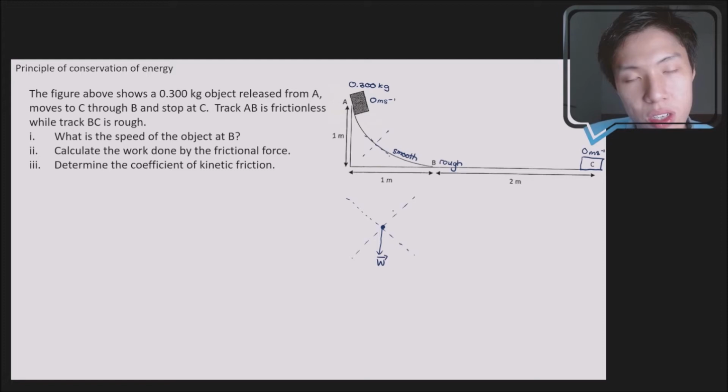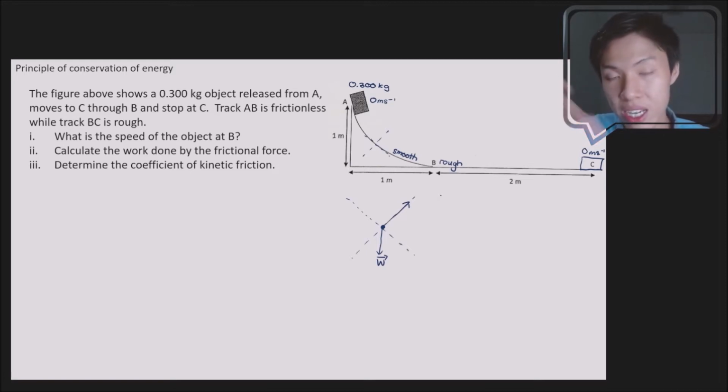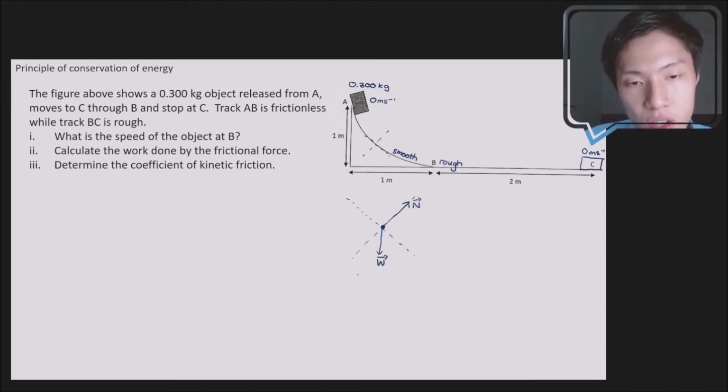Then you should expect a normal force pointing perpendicular to the inclined plane, because normal force is always perpendicular to the surface you are touching. I believe that's all the forces acting on this object. Since track AB is frictionless, you should not expect any kinetic friction in this free body diagram. So this is the journey from A to B.